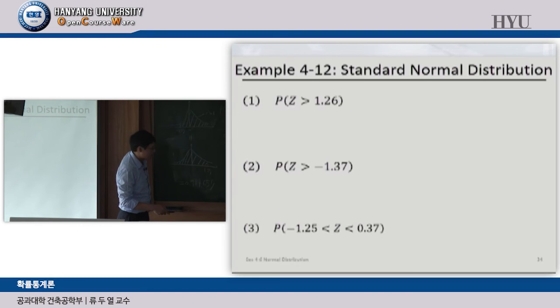And what is the probability of Z when Z is between these two values?